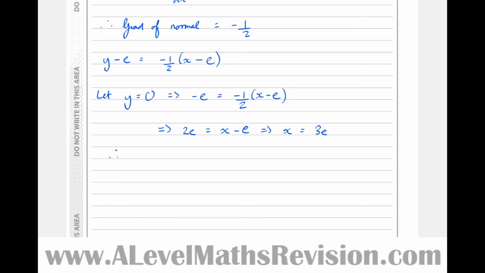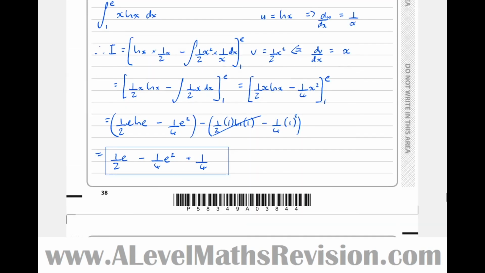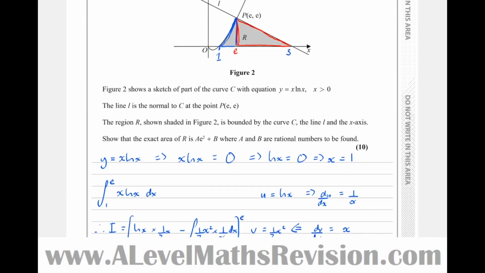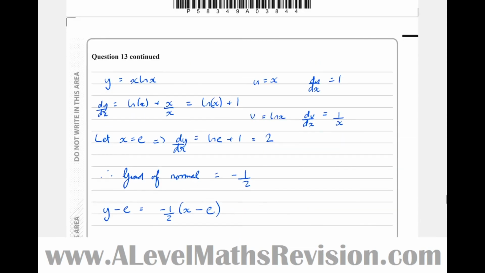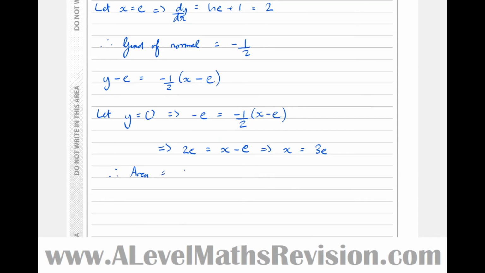Therefore, the area, so we'll mark this on the diagram, we've got this is 3e, so the base is 2e. The height, we can see, is e. So the area equals a half base times height equals e squared.